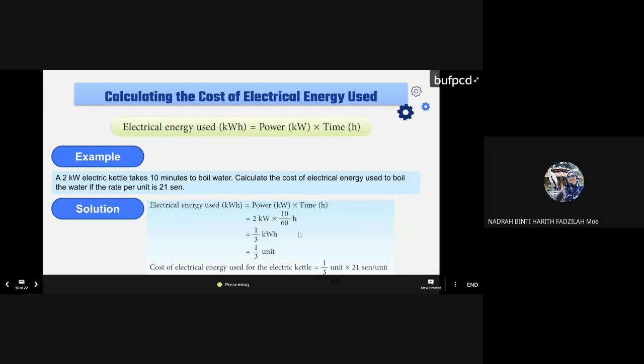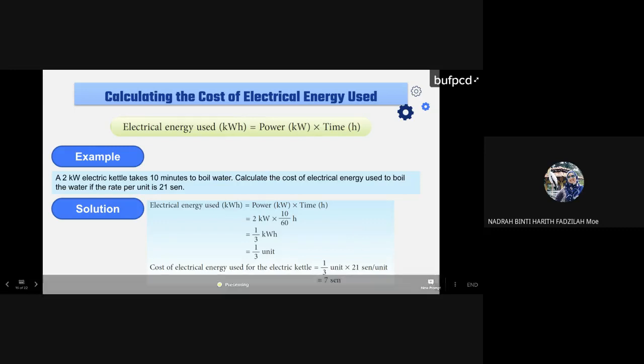Okay. So when we got the amount of electrical energy used, we can multiply it by 21 cent per unit, which is the rate charged by the electric provider, and then we will get the answer lah, which is 7 cents.